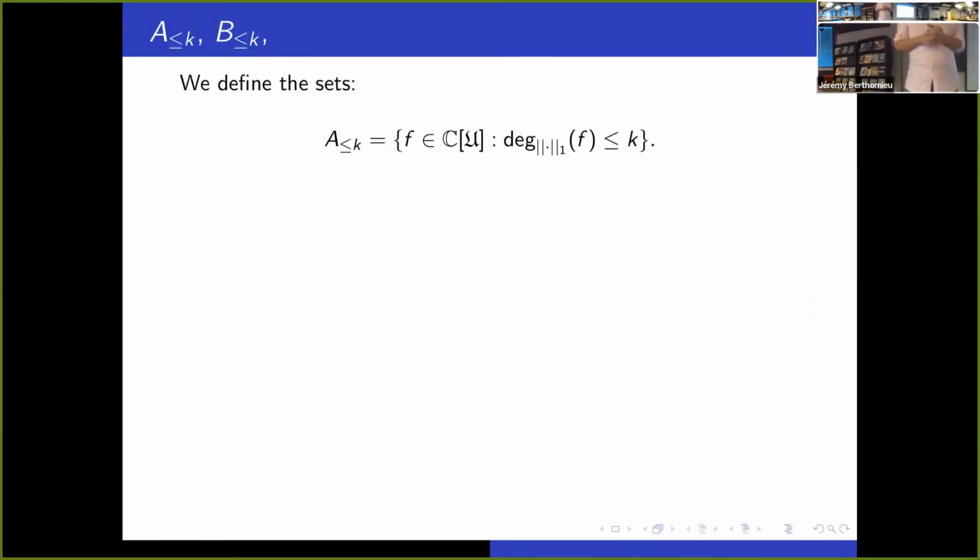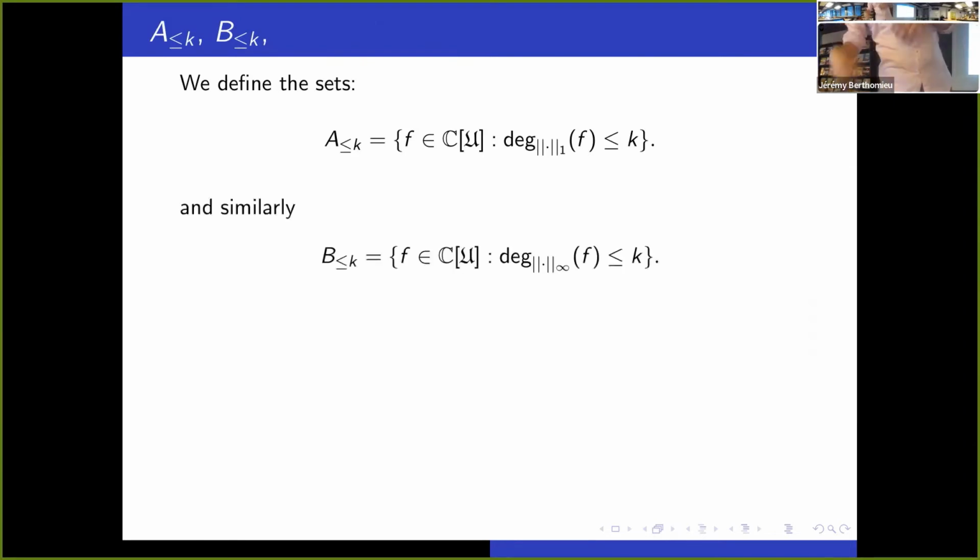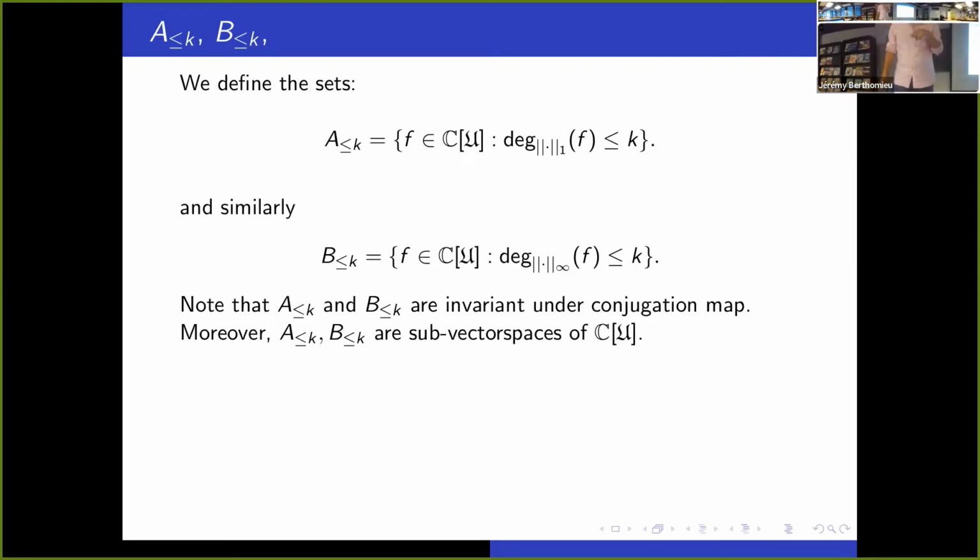So we define the sets A_k, equal to the set of all polynomials in C[U] such that the diamond degree of f is less than or equal to k, and similarly B_k, equal to all polynomials of C[U] such that the cubical degree of f is less than or equal to k. Note that A_k and B_k are invariant under conjugation.